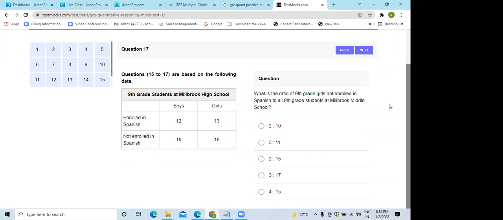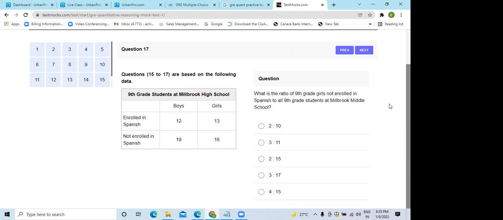So you have 60 as the total. I'm getting an answer, but it's not there as an option. Okay, 29. What's the total number of students here? 60. Okay.